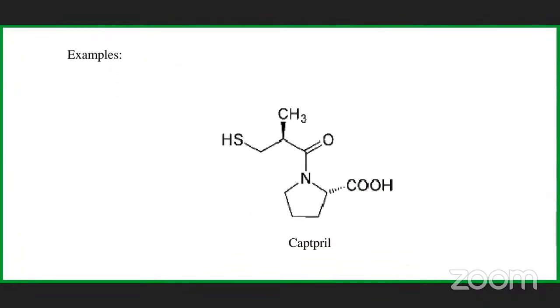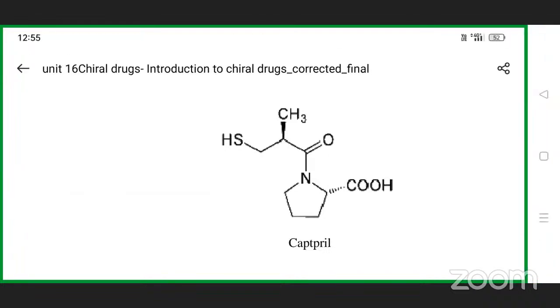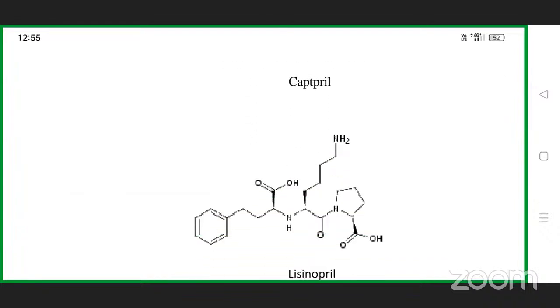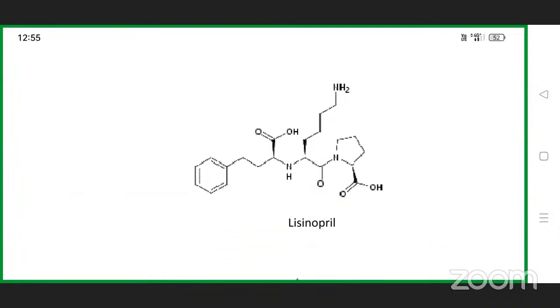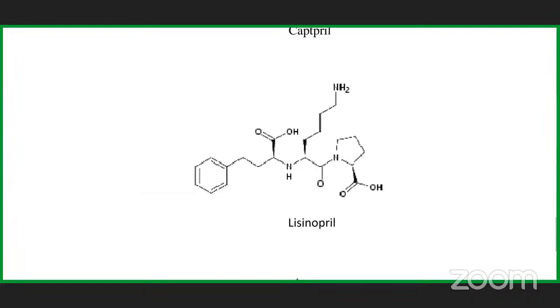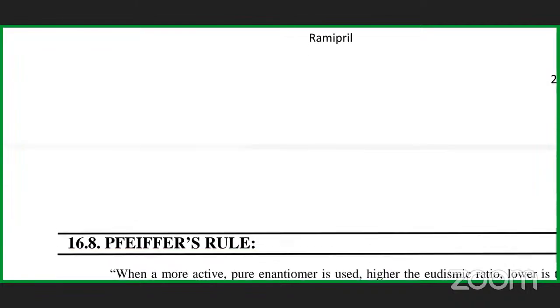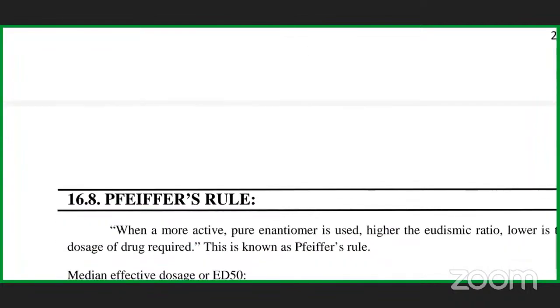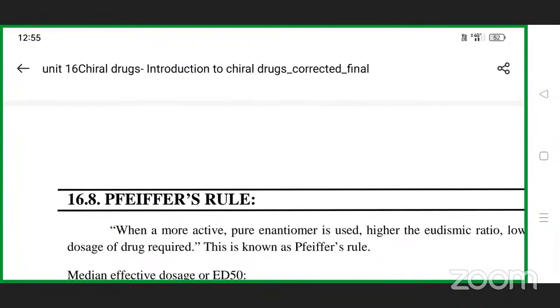This is one of the important, very effective drugs, useful to reduce hypertension, to reduce your blood pressure, high BP. Sometimes we also use lisinopril and ramipril. All these are different antihypertensive drugs.